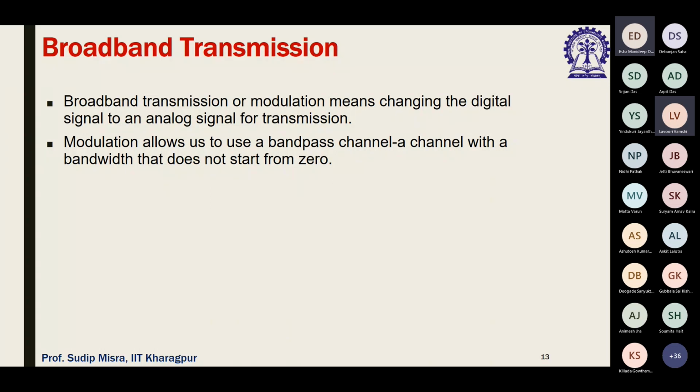In a band pass channel, the frequency range is between f1 and f2, between two fixed frequencies, not starting from 0. So essentially the bandwidth is not going to start from 0.